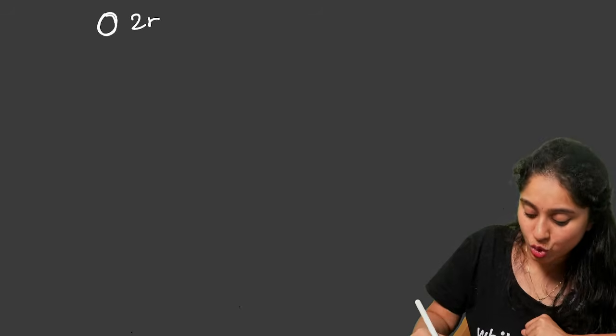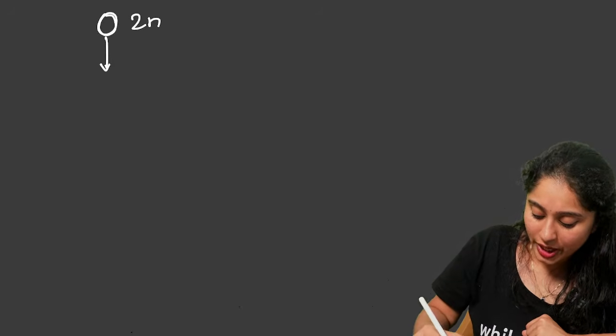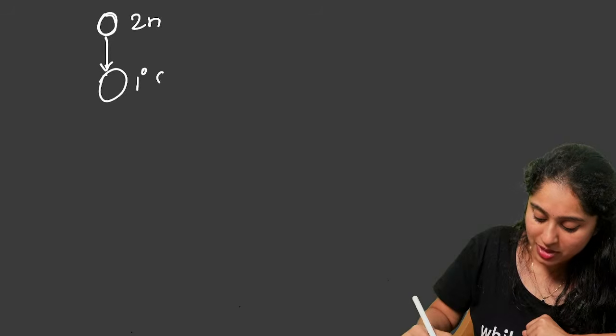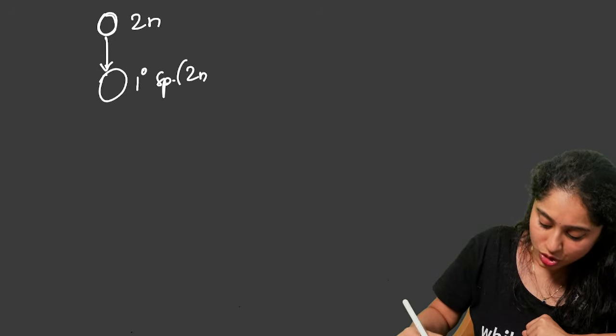Now, Tarun was asking me, ma'am, show me with the diagram that we see in NCERT, which is what I'm going to show you now to explain how different spermatogenesis is from oogenesis. So firstly, we have one spermatogonia. This is going to differentiate into one primary spermatocyte, which is also 2N.